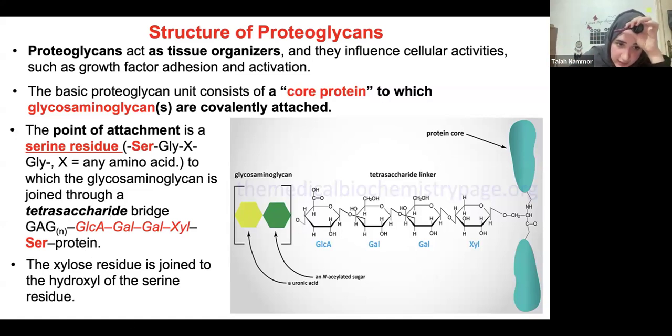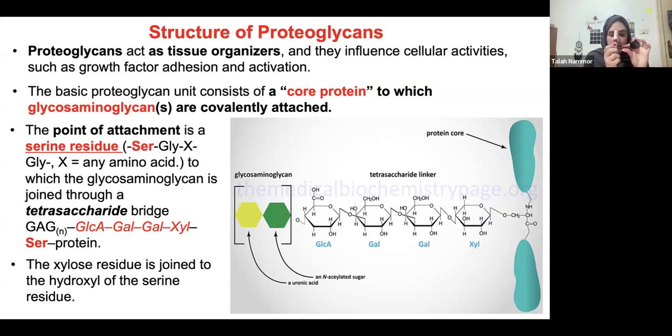I don't think they'll ask you, honestly. I'm not sure. I don't think they'll ask what the tetrasaccharide linker looks like, or they might. Just know it's galactose in the middle, xylose, and then glucuronic acid. Anyways, so this is the tetrasaccharide bridge.